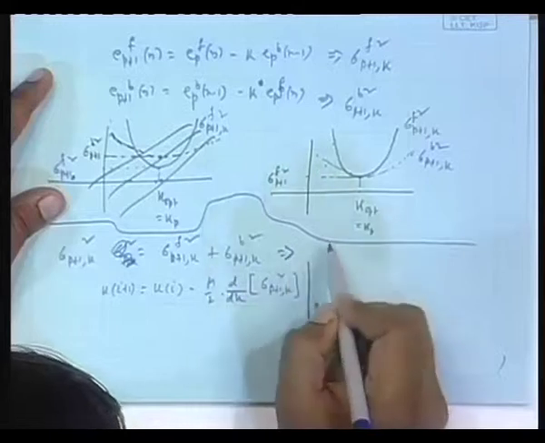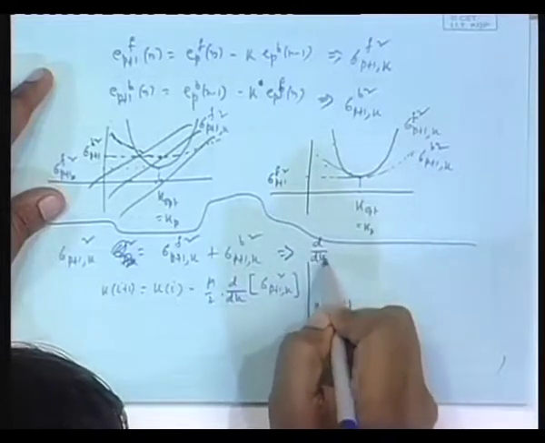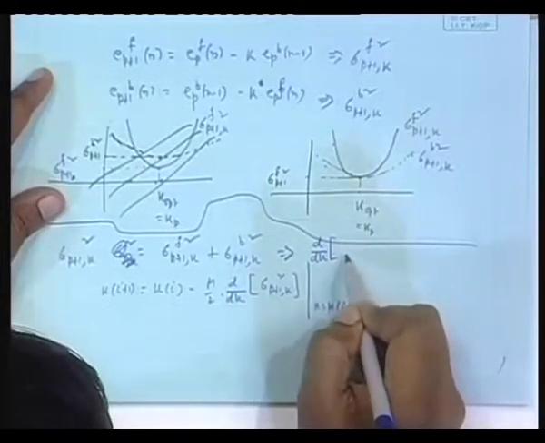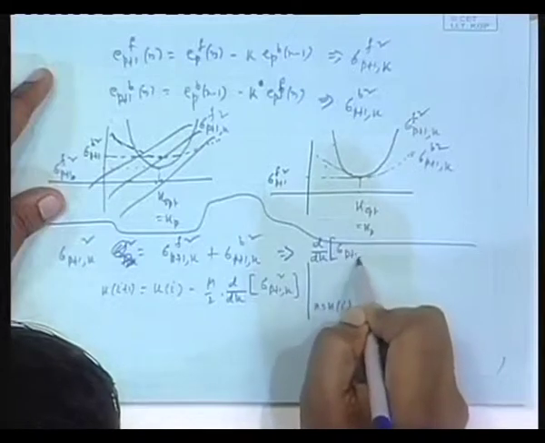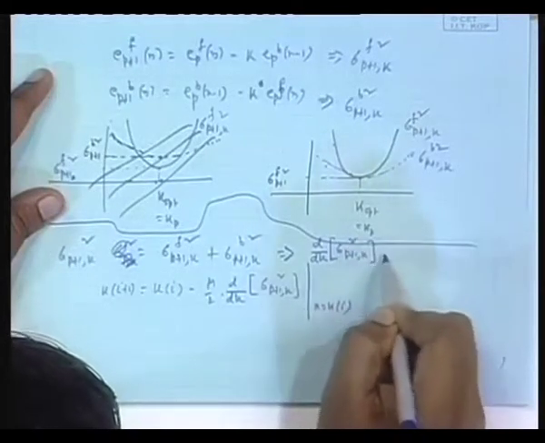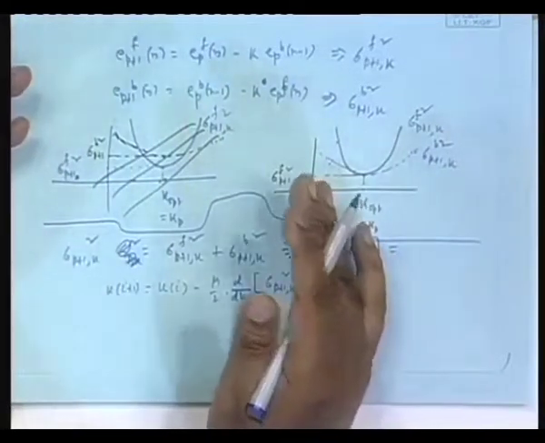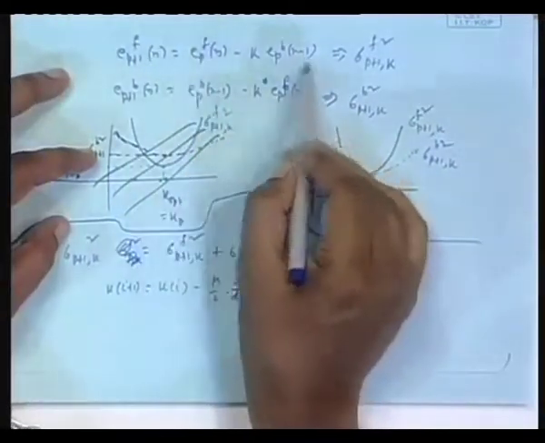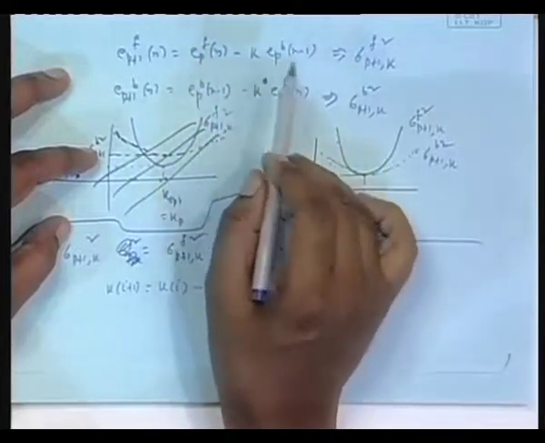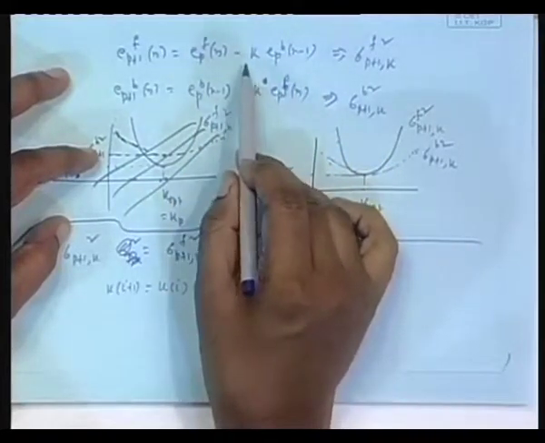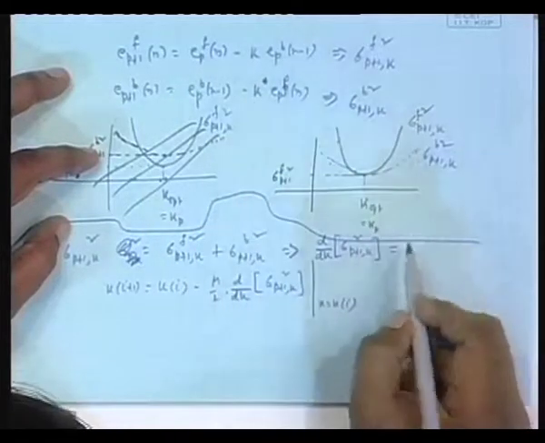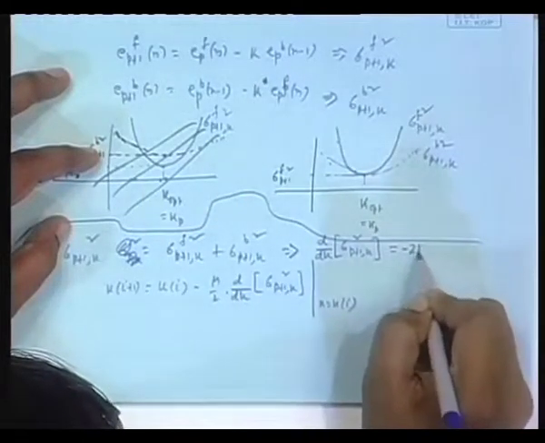This will give rise to what? d dk of this will be equal to what? You can mentally visualize it; there is no point in doing that. First, you take the square of this expected value and differentiate, and here also. Here we will get, in both cases, minus 2k coming out.